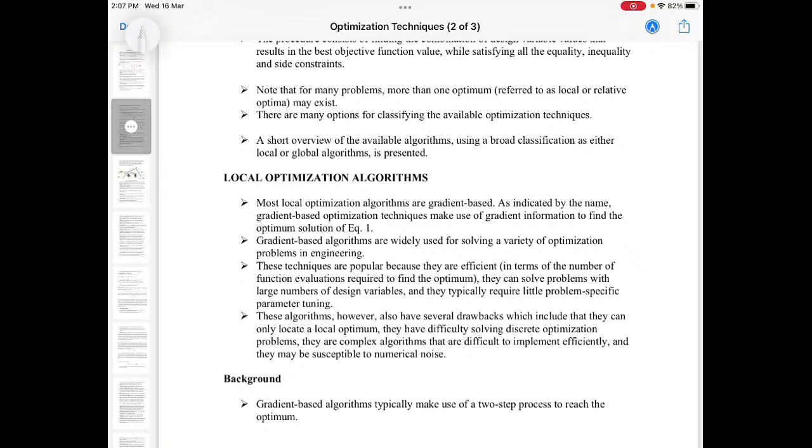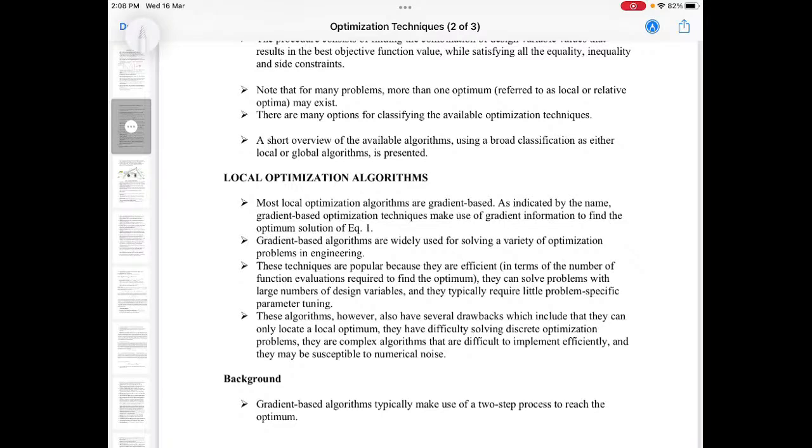As you are familiar with gradient and how we can find the gradient, in problems where we find the difference between 2 points or the distance between 2 points, the gradient indicates a change in a particular direction. So the gradient information can be used to find the optimum solution.